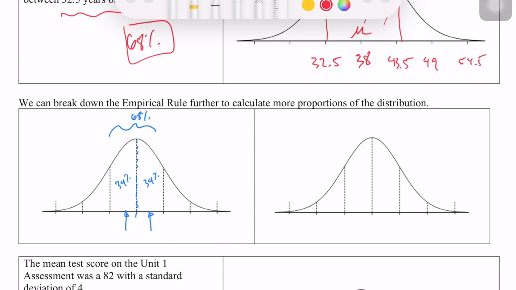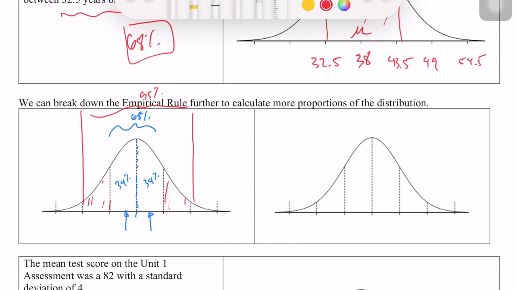Now let's inspect it further. Remember, between these two bounds, 2 standard deviations, I'm going to end up having 95%. But I've already used 68%, haven't I? So if I just want to know what these slices are, I'm going to need to do some subtraction.